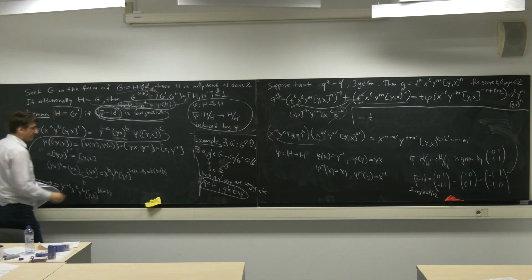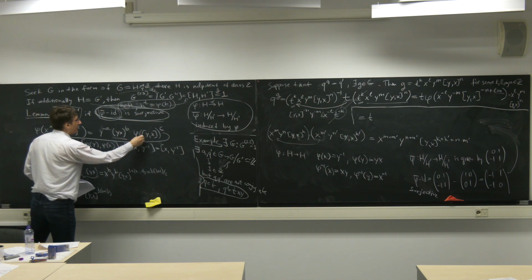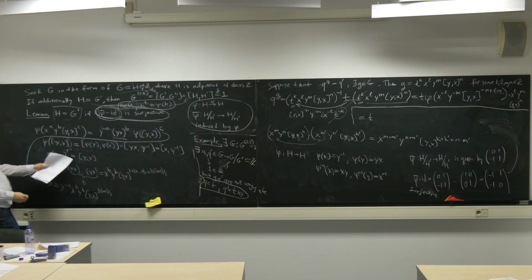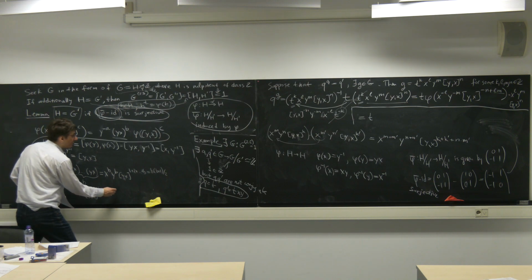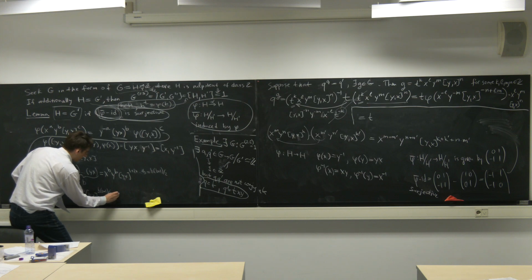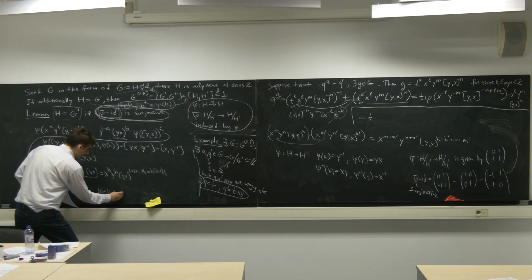This was this term. And then we need to find the commutator, which we found here, which is just the commutator, right? Yes. So here I'm just writing the same commutator yx, so I can add it here, plus c.